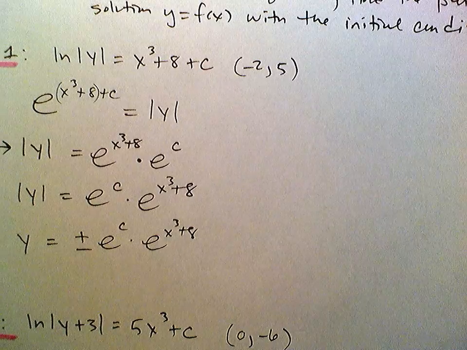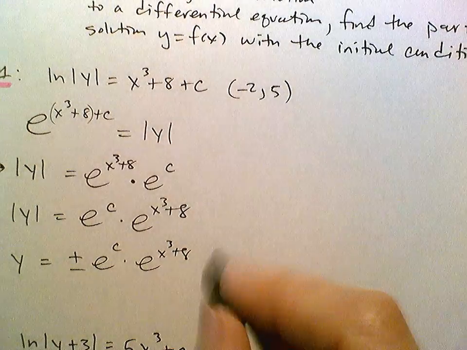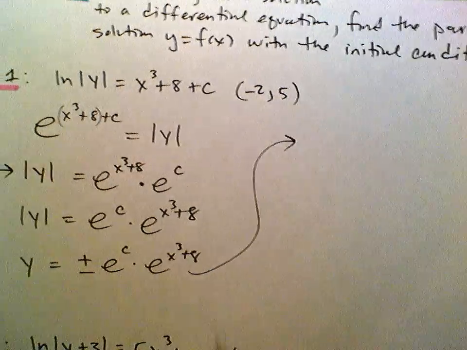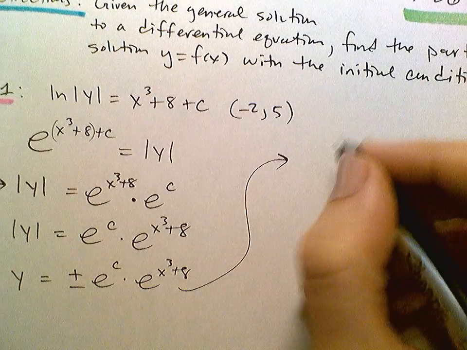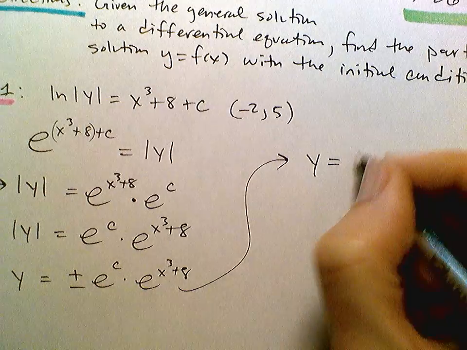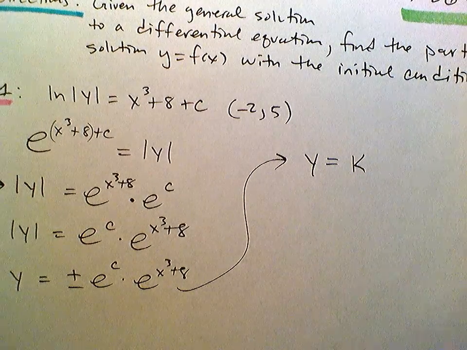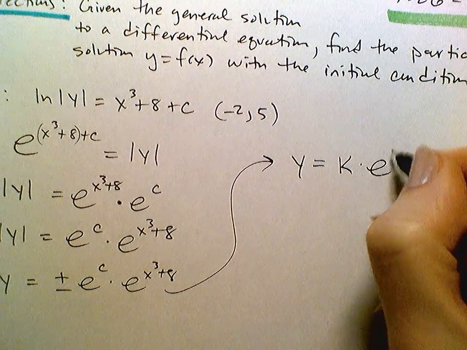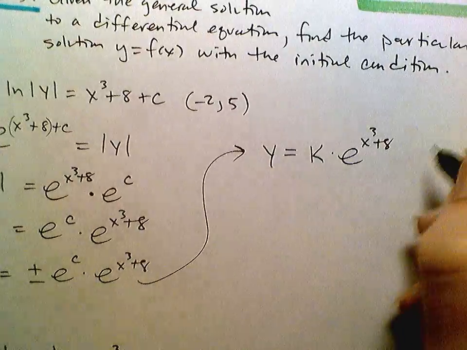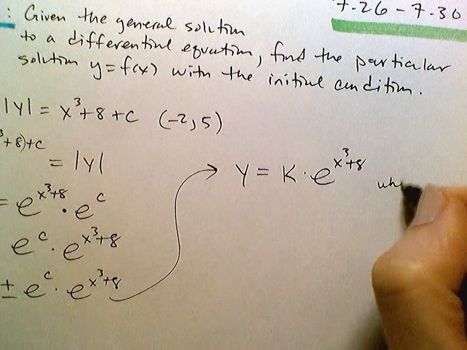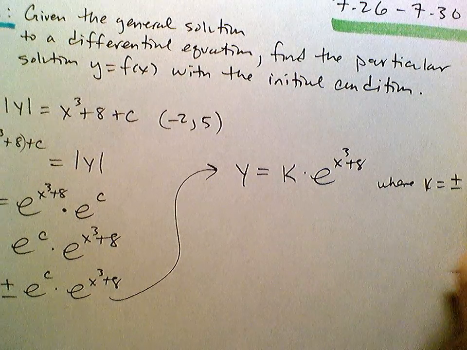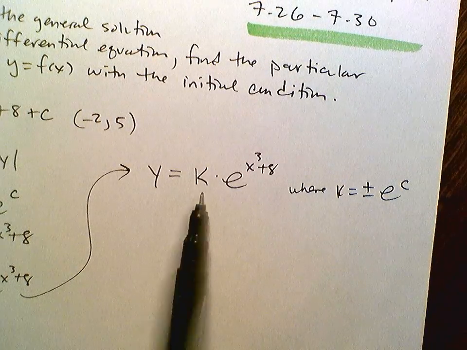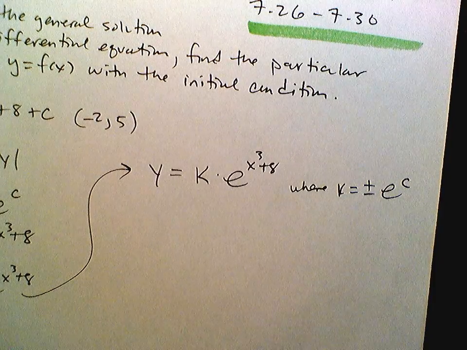Now the next thing you're going to do is let e to the c be something else. So now y is equal to, let's do k, you could do any letter, k times e to the x to the third plus 8. But then I have to tell my reader what k is, where k is equal to plus or minus e to the c. The k is just easier to work with than e to the c. I'm just doing a substitution there.